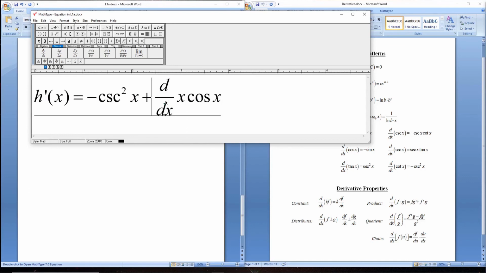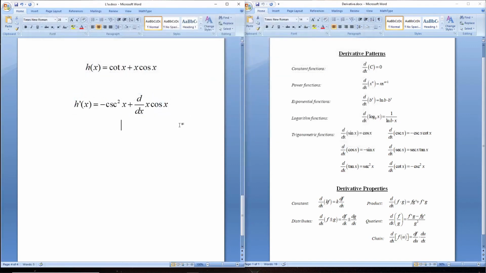So the product rule is actually on this part right here. I want to focus on that part because this is where we're going to have to do the product rule.